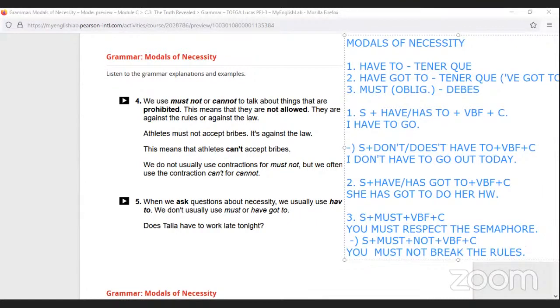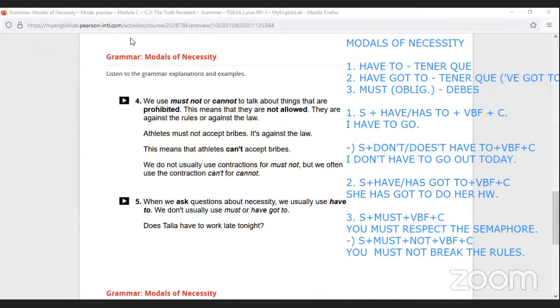So this is an obligation, a strong obligation. So if you do it, maybe you could go to jail or something else, but it is against the law, okay? As we can see here, it is prohibited, it is some rules, against the rules or against the law. Athletes must not accept bribes. It's against the law, so it is strong.